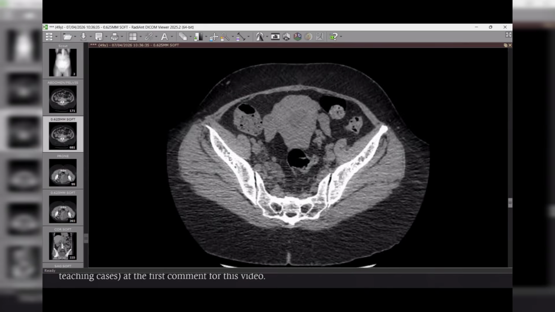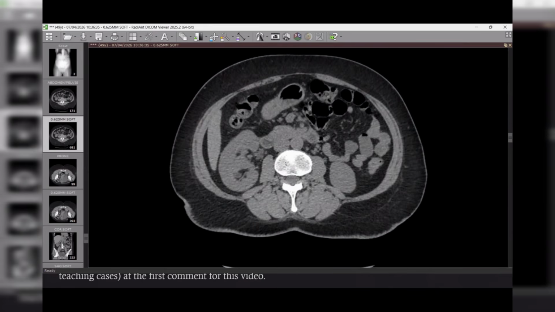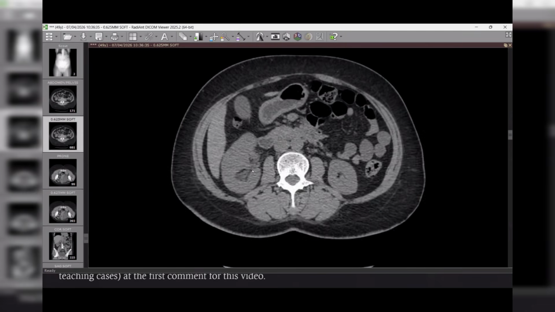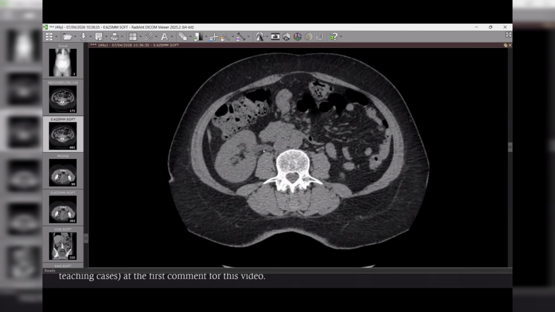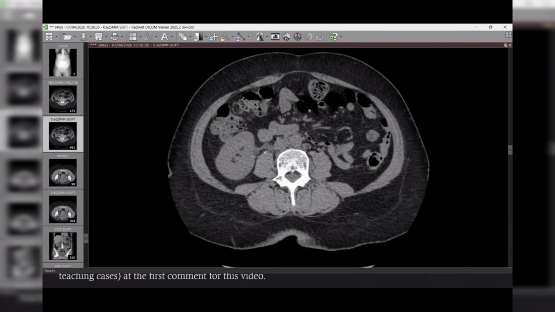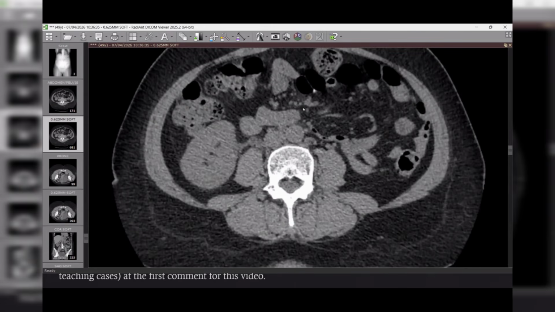So here, this is the upper moiety, this is the right ureter, and another ureter from the lower moiety. So we have two ureters here.